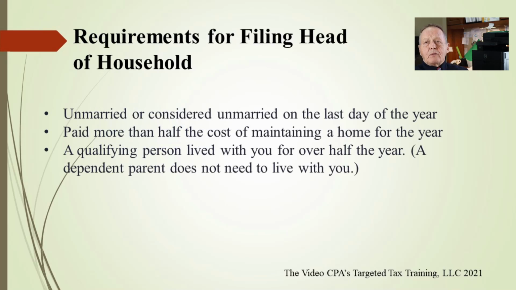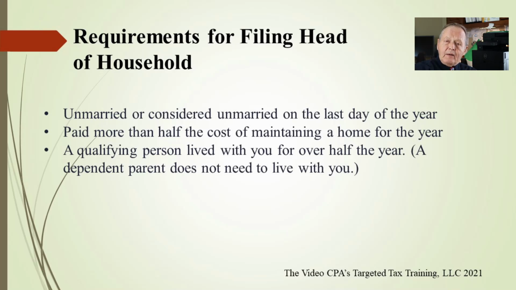So the requirements for filing head of household are, one, you've got to be unmarried or considered unmarried on the last day of the year. And we're going to talk about this considered unmarried in a little bit more detail. You've got to have paid more than half the cost of maintaining a home for the year, and we'll talk about that in a little bit more detail.